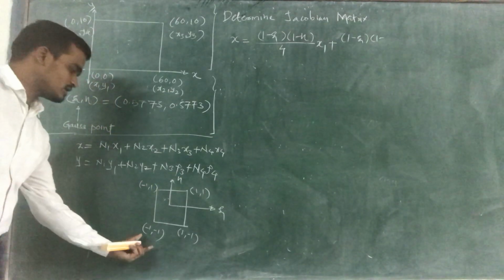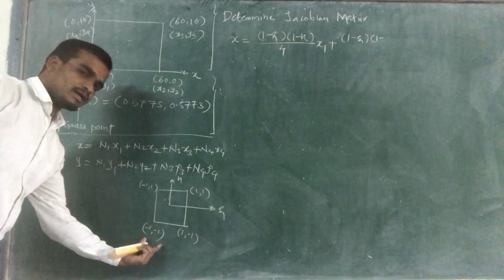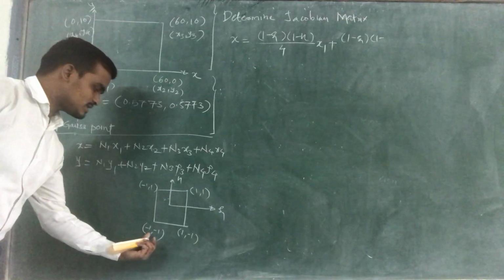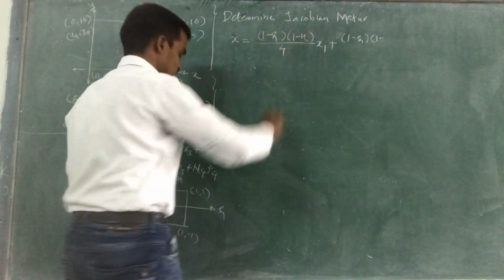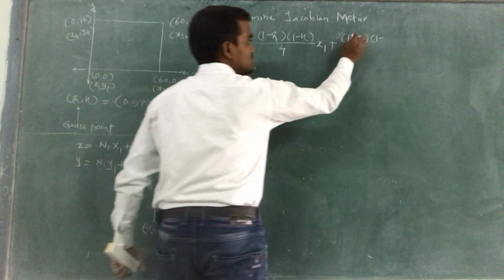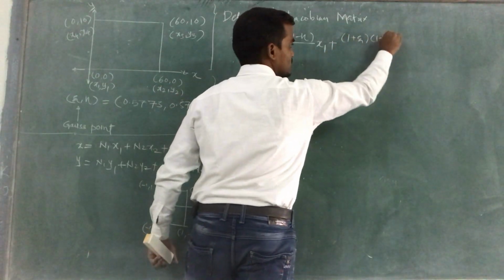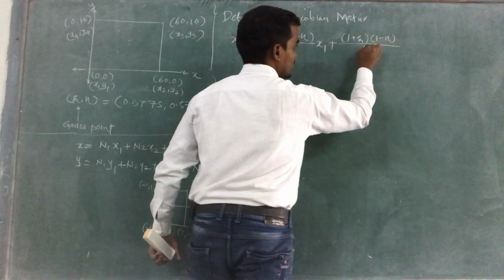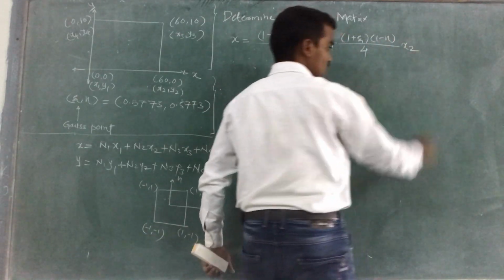From this point, which is related to n1, you will get (1 minus zeta)(1 minus eta). For n2 you will get (1 plus zeta)(1 minus eta) divided by 4, into x2.